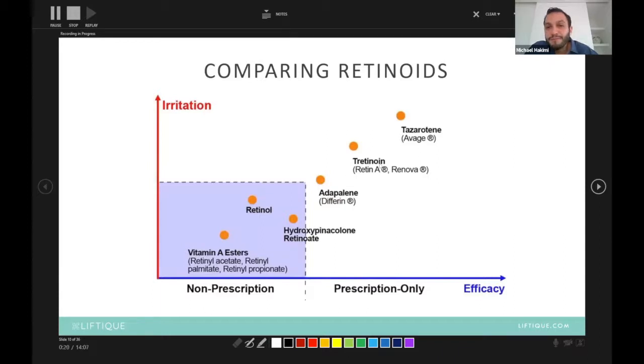Retin-A, however, you need a doctor's prescription, because as you go to the right side of this chart, these products get stronger and more irritating, as you can see on the y-axis. And that's why you need to consult with the doctor and have a prescription to obtain any of the stronger products. But any of these like vitamin A and retinol, you will be able to buy over the counter.